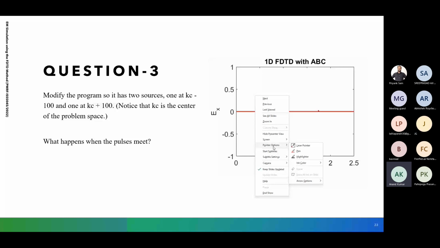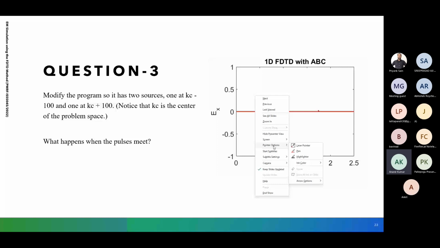But if the wave is going outside the region, it is because the axes have been fixed to 1 and minus 1. If both of your sources have a maximum amplitude of 1, when they add up the maximum amplitude will be 2, which will be outside the y limits.